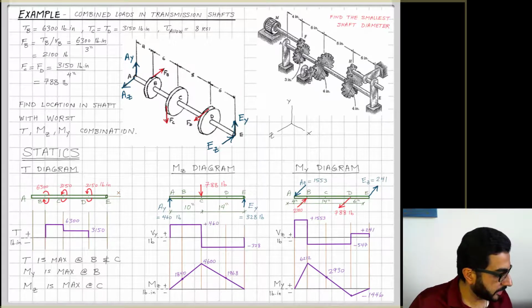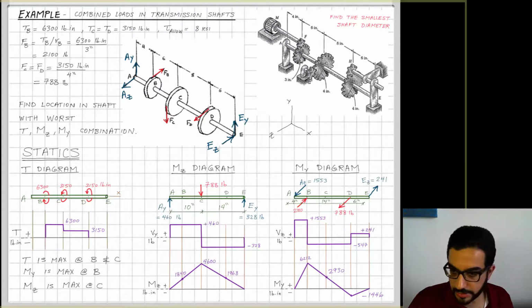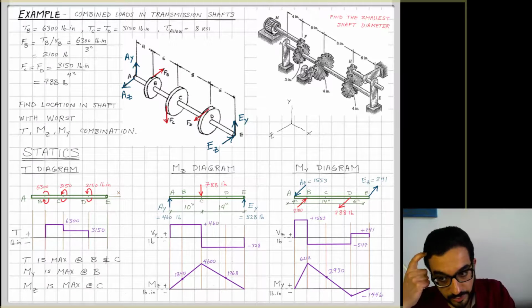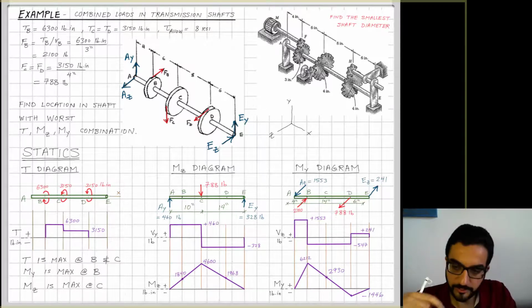Let me check the values, checking my notes. So actually, yep, MY is happening at point B, the maximum MY. The writing here is not following the same order of the diagrams that I drew.